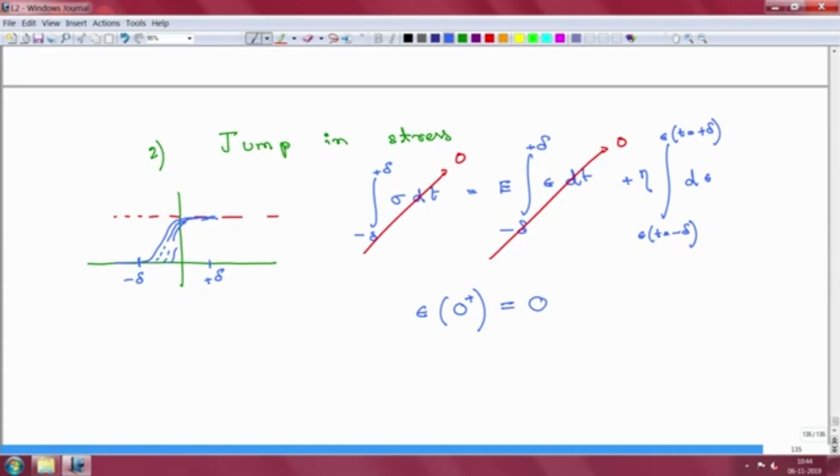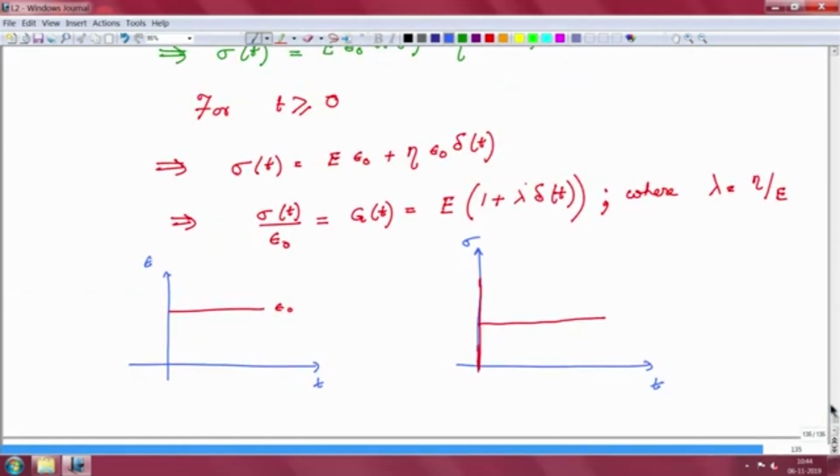Now there is an important issue here. We could not apply this in the previous case, and the reason is that in this particular system, if you look at this functional form, the stress has a delta function. The delta function is not a bounded function. In fact, it is not even a properly well-defined function. We use it for its particular properties, but it is not a regular function in that sense.